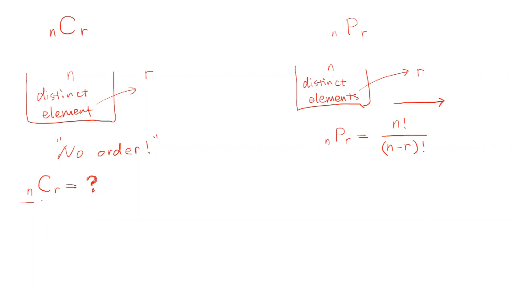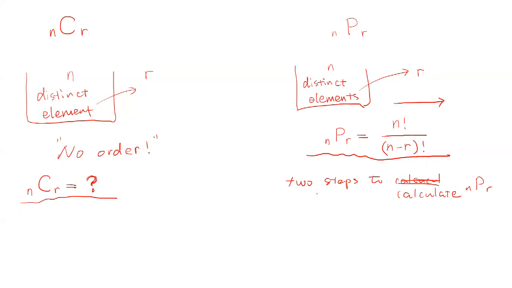Okay, to calculate CNR, we can think this way. When calculating PNR, there are actually two steps. The first step is to pick R out of n.